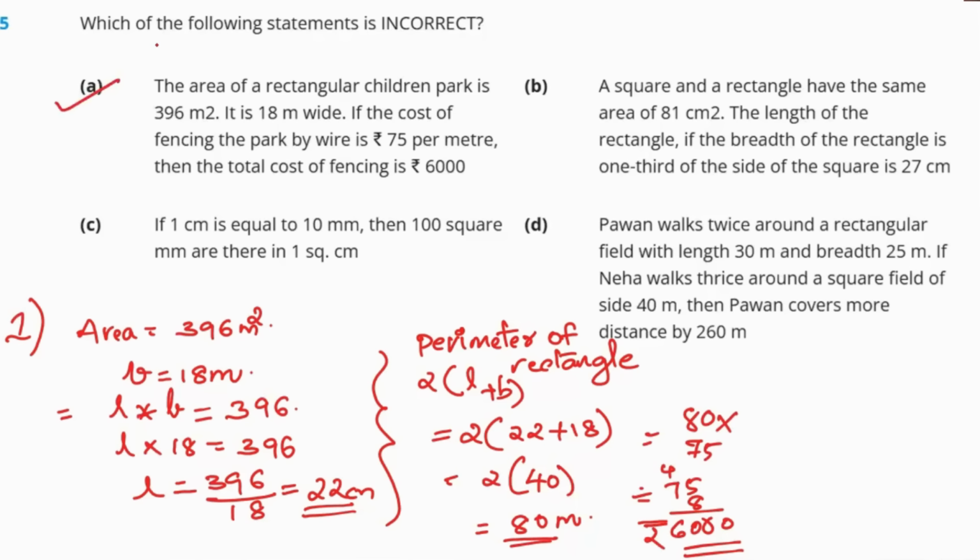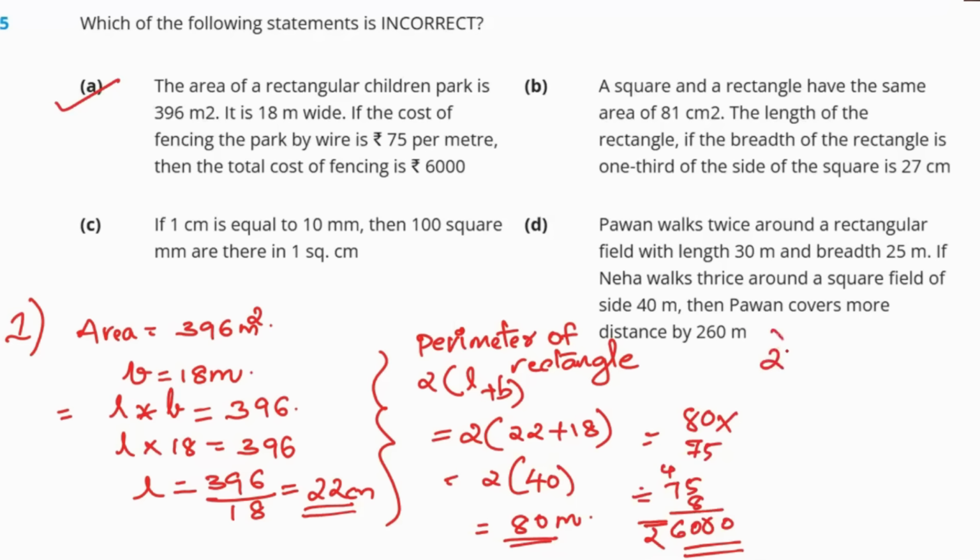Next one, if a square and a rectangle have the same area of 81 centimeter square, the length of the rectangle and the breadth of the rectangle is one third of the side of the square, which is 27 centimeter.